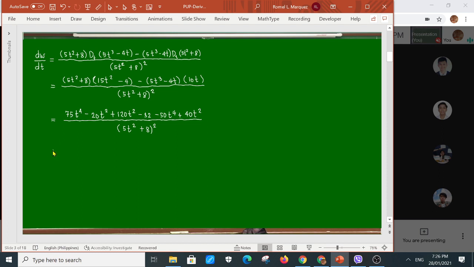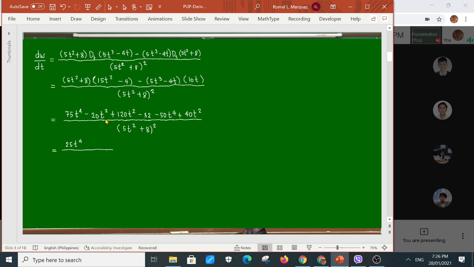Okay, let's combine similar terms, children. What are the similar terms? 75t to the 4th minus 50t to the 4th. So that is 25t to the 4th.